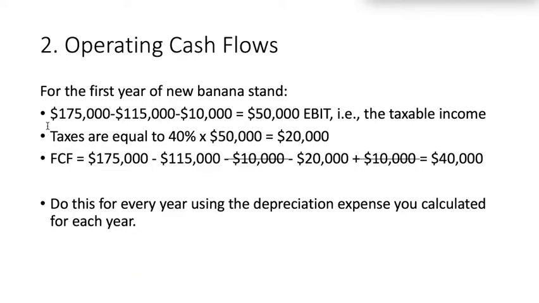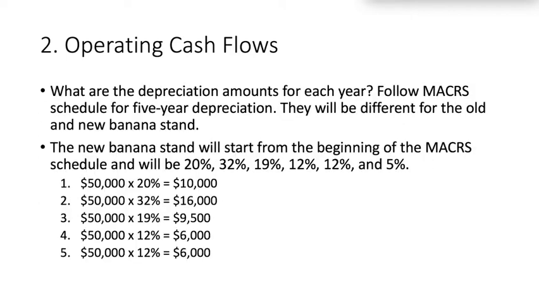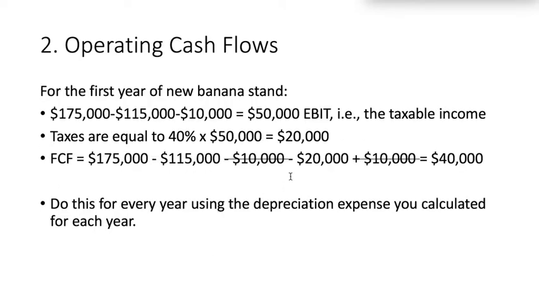So for the first year, the new banana stand, for example, it would generate 175,000 in sales, 115,000 expenses, minus 10,000 in the depreciation for the first year. If you recall, here it is right here. That gives us 50,000. EBIT allows us to compute taxes, which is going to be 40% of that, so 20,000.